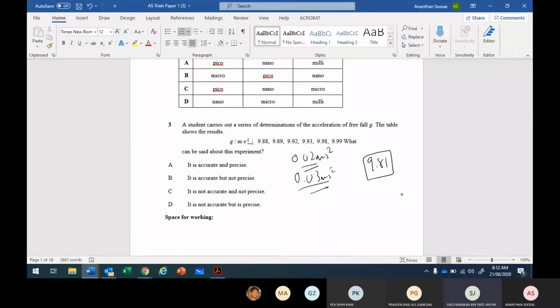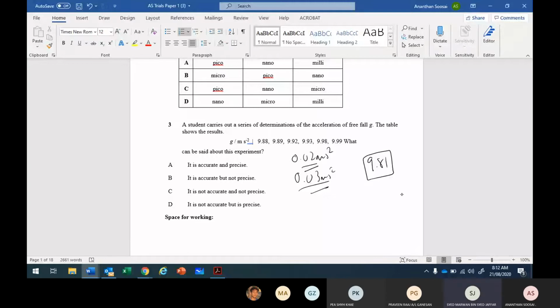So how do you find precision here? What does precision mean? The degree of consistency among the readings, compared to the mean value.